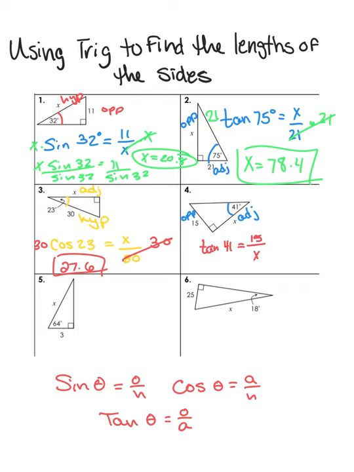We're going to multiply both sides by x. So I get x times the tangent of 41 is equal to 15. Divide by the tangent of 41. And 15 divided by the tangent of 41 is going to give us 17.3.